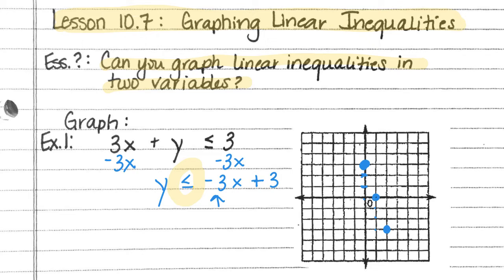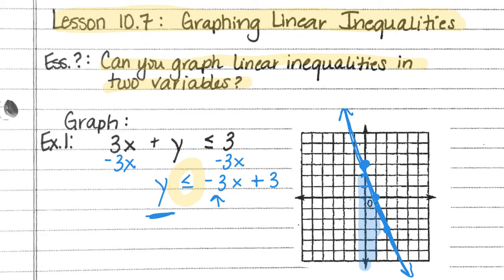When I graph y is less than or equal to, because it's equal to, we are going to make a solid line. So although mine is very sloppy, I'm going to make it solid. And because it is less than, notice I'm only looking at the y. To go less than, down the y, these are the numbers smaller on the y.